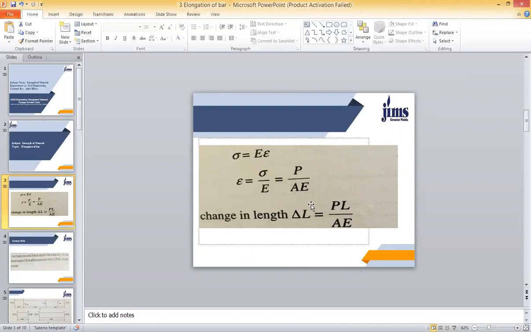So if I apply a load P on a bar of length L, cross section A, and the Young modulus of elasticity of that material is E, then the change in length is equal to PL by AE. It is a very important formula for us.